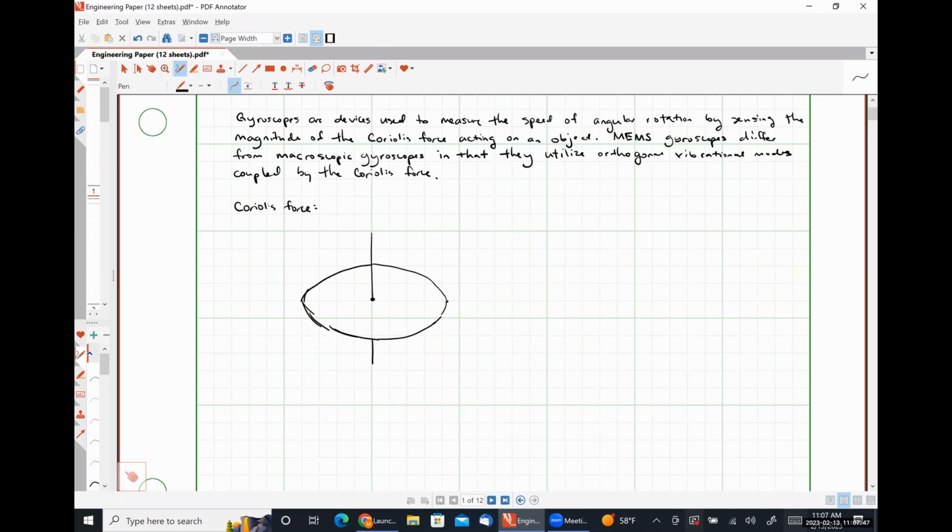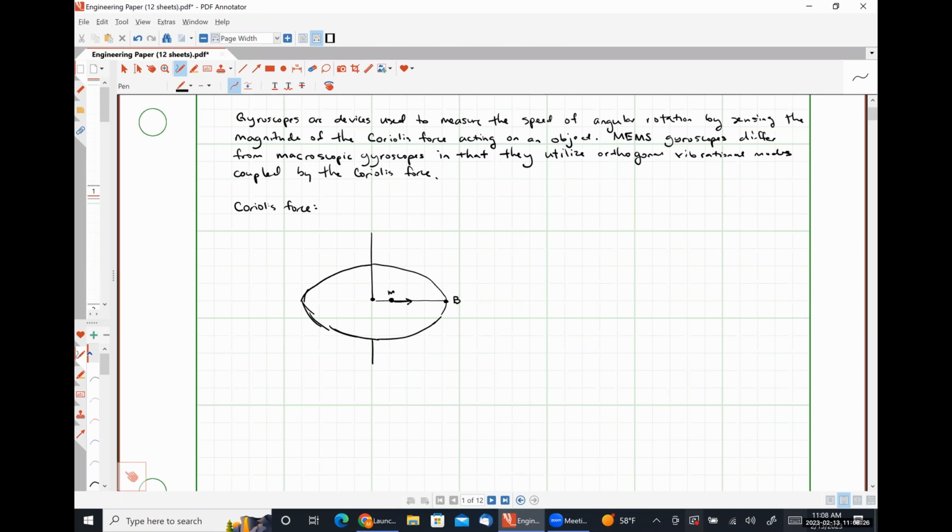And I'm going to label this point here on the outside edge point B. So if our disk is stationary and I throw a mass from the center of this disk towards point B, what's going to happen? After some amount of time, the mass will arrive at point B, and that amount of time depends on the velocity, right? So if I throw in this direction some mass m with a velocity like so, it will eventually arrive at point B.